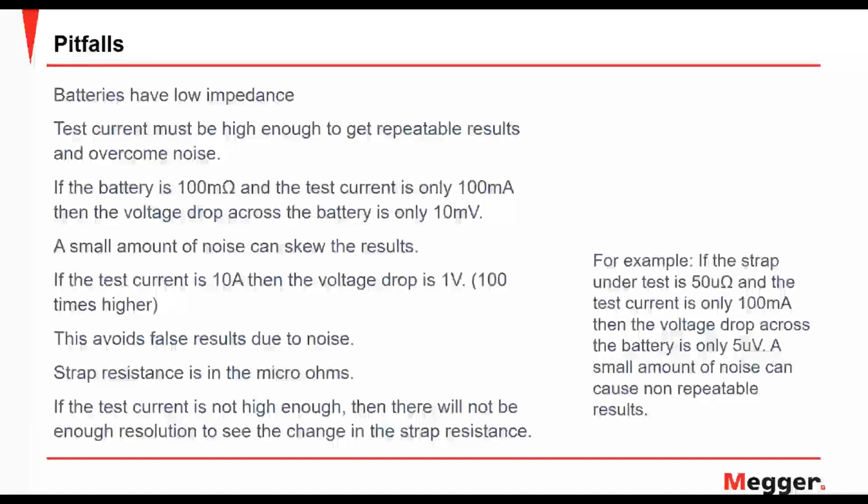It's better to use a micro ohm meter or DLR, what we call a digital low resistance ohm meter, because these test devices use a higher test current, which will give you a better resolution for the voltage drop and thus a better accuracy.